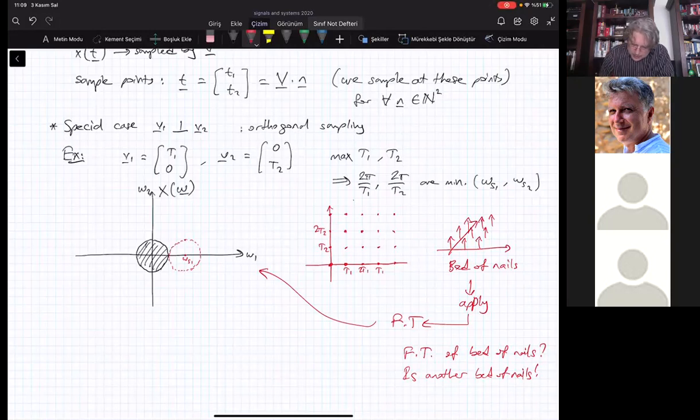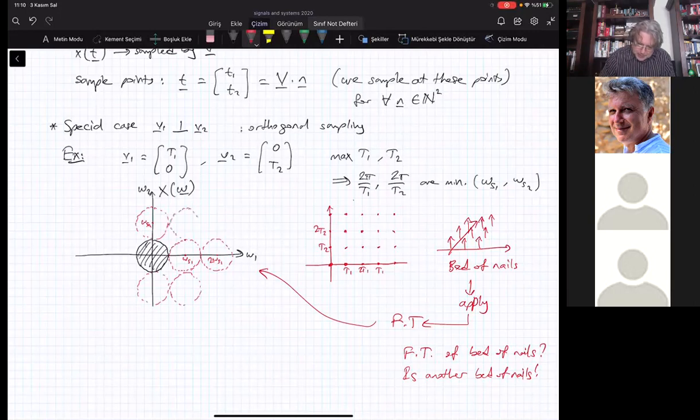And of course, we have all other replicas too. This is twice omega S1. And vertically, this must be omega S2, and therefore we have these replicas to the top, to the bottom, everywhere. So we have this kind of a situation. This is, by the way, the convolution of this central disk with an impulse train.